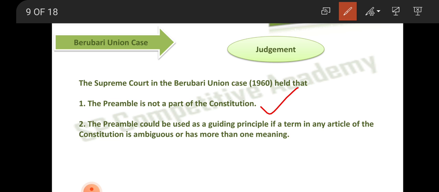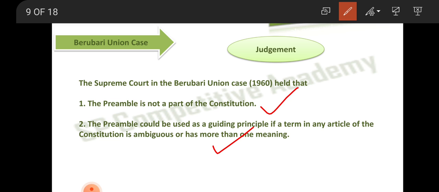Coming to the second point of the judgment, the Supreme Court said that yes, the preamble can be used as a guiding principle if a term in any article of the Constitution is ambiguous or has more than one meaning. If you want to know the meaning or principle of any article or any term in the Constitution, then as a dictionary, as a guiding principle, you can refer to the preamble.